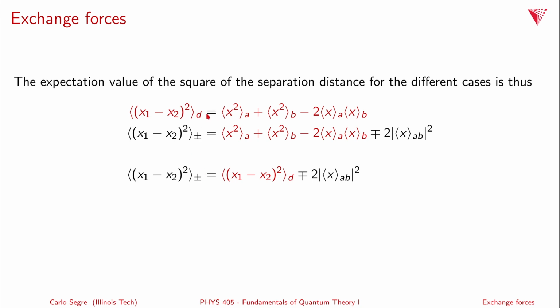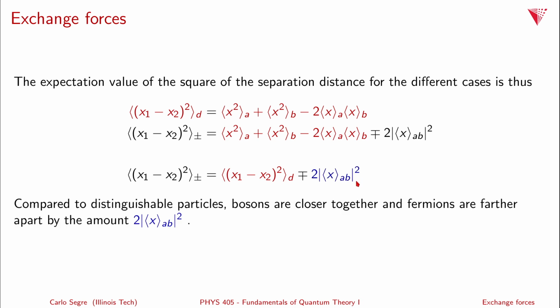Well, we can then substitute this term in, and so you get that the expectation value of the distance squared for states plus and minus, symmetric and antisymmetric under exchange, is equal to the expectation value of the distance squared in the distinguishable case minus plus 2 times this quantity here, this modulus squared, which is a number.